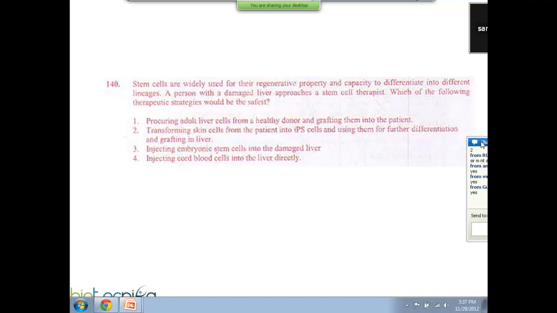So here the options they have given: a person's liver is damaged. How will you correct it? What is the possible way you can give? Third one, embryonic stem cell is your totipotent, which is not fate determined.